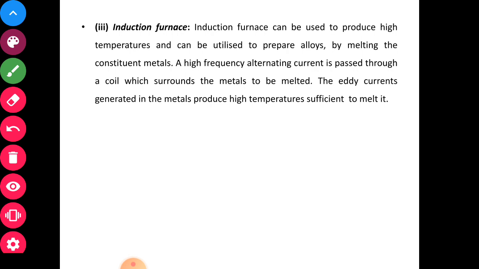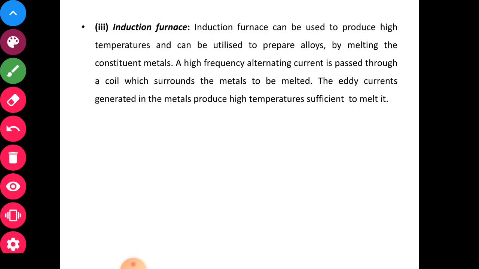Then it is used in the induction furnace. An induction furnace can be used to produce high temperature and can be utilized to prepare alloys by melting the constituent metals. When you want to make an alloy, the constituent metals have to be melted in proper proportion. High frequency alternating current is passed through the coil which surrounds the metal to be melted.